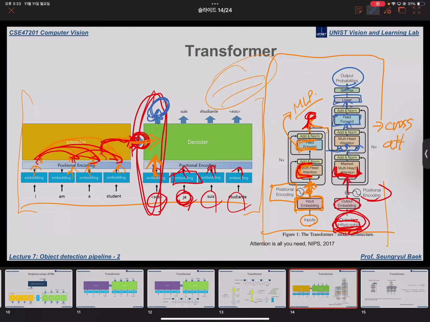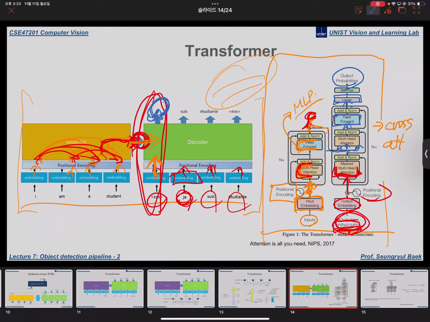So you have to feel that this figure is the same as this figure. Are you guys following this? So this is the encoder part, and this is the decoder part. And I will explain this attention mechanism later in more detail.